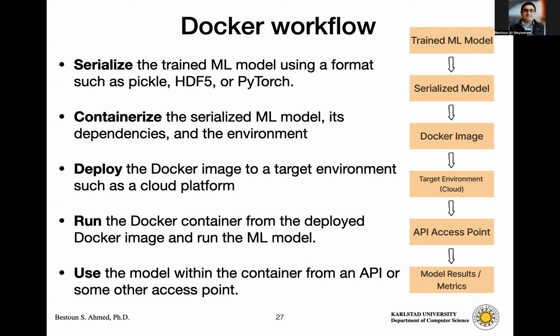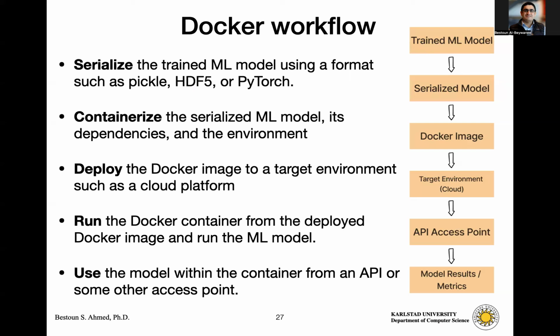And then second, when you have the serialized model, now you containerize it with all dependencies and environment. When you have the model inside the container with all dependencies and environment, now it's time to deploy the Docker image into a target environment, for example, into the cloud.